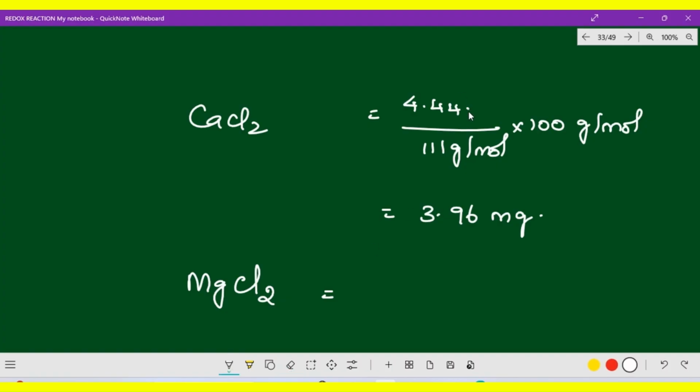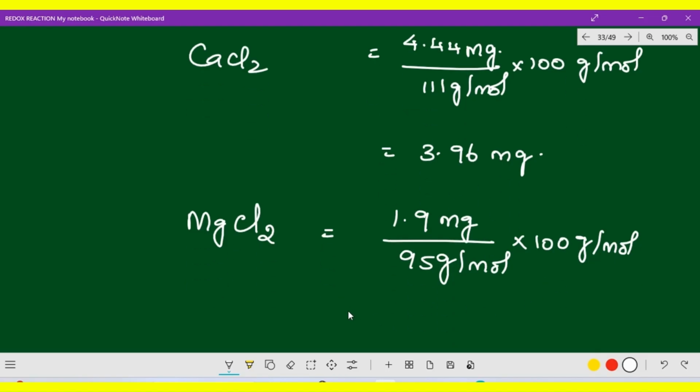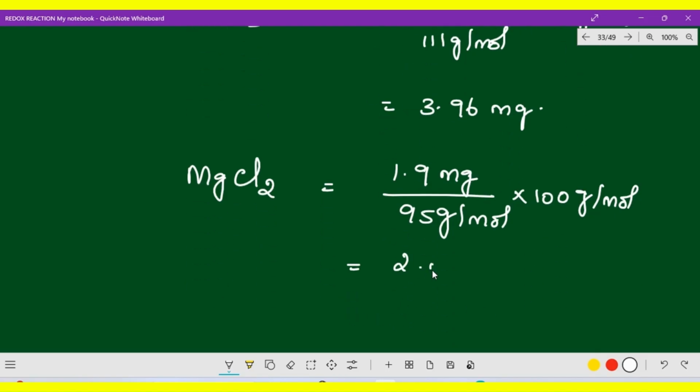So 1.9 milligram divided by 95 gram per mole into 100 gram per mole gives 2.00 milligram. Gram and gram cancel, mole cancels, milligram remains.